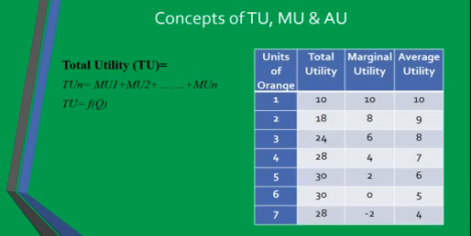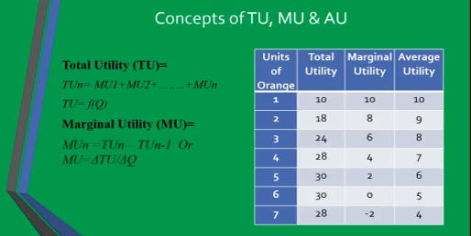The next concept is marginal utility. Marginal utility means the change in total utility due to consuming or purchasing an additional unit of the commodity. Marginal utility is the utility derived from the last unit of a given stock. Therefore, we can measure marginal utility by two different formulas.